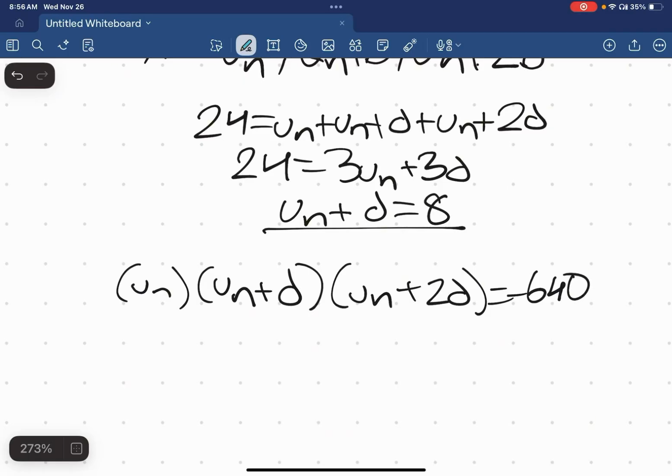And look right here, we can plug this in and we want to get rid of the difference here. So instead of un plus d, we're just going to plug in d as 8 minus un.